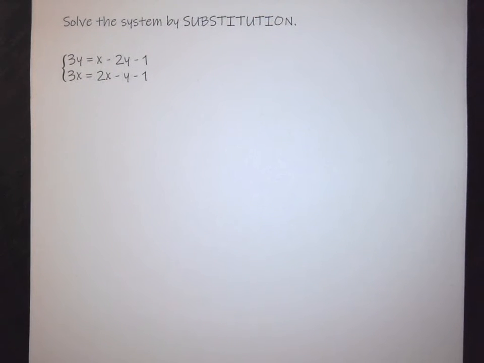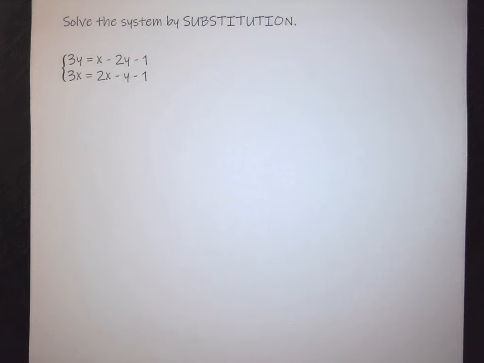So the first thing that we need to do is recognize what the definition of substitution is. Now, substitution says you are going to choose an equation, rearrange it to solve for one of your variables, then take that result and substitute it into your other equation, the one you didn't use.